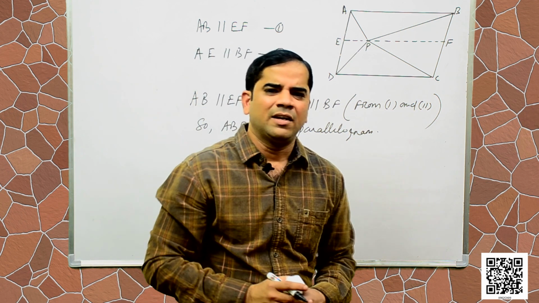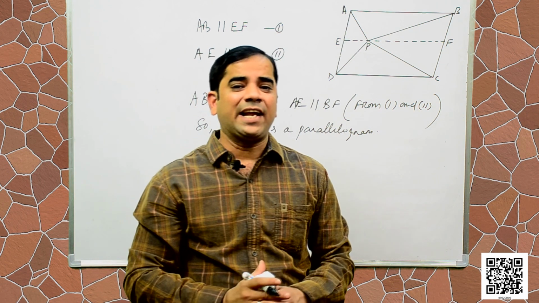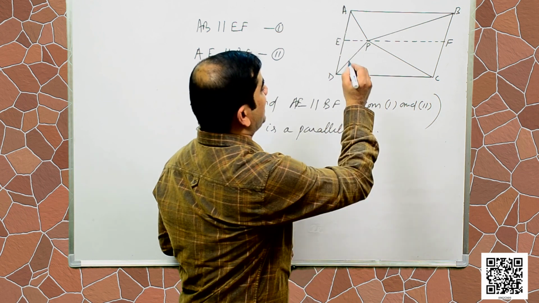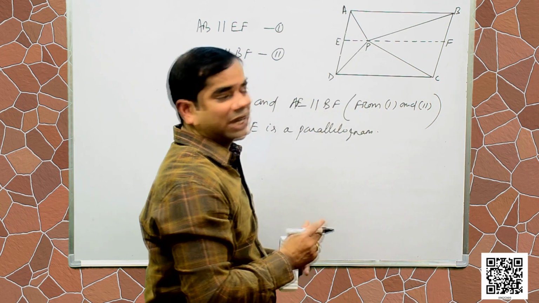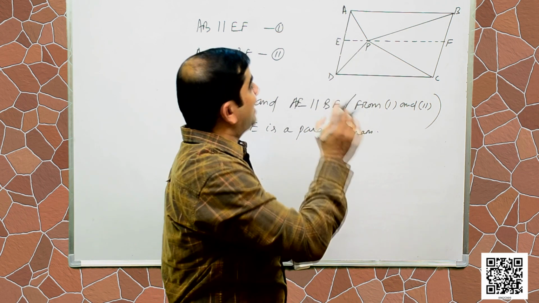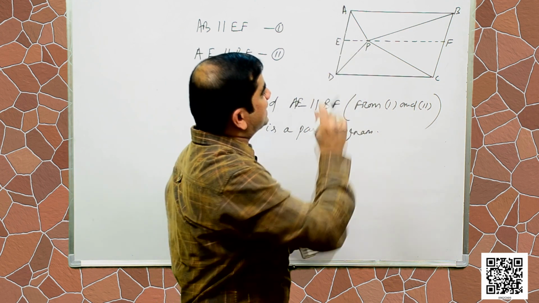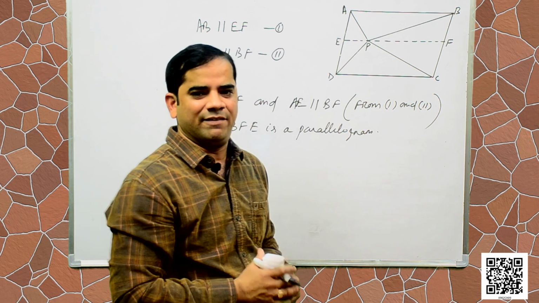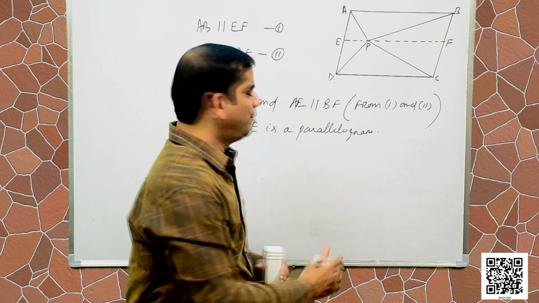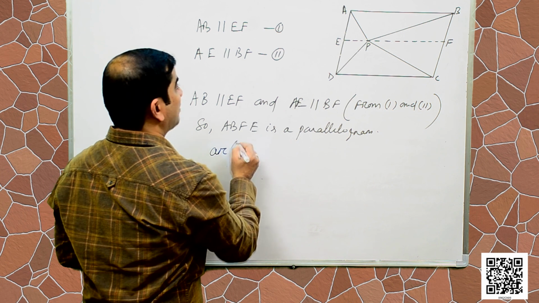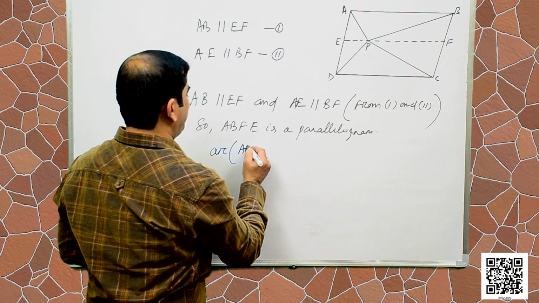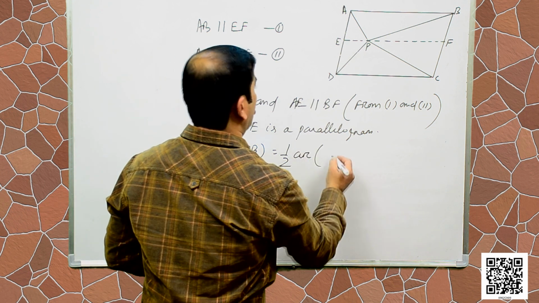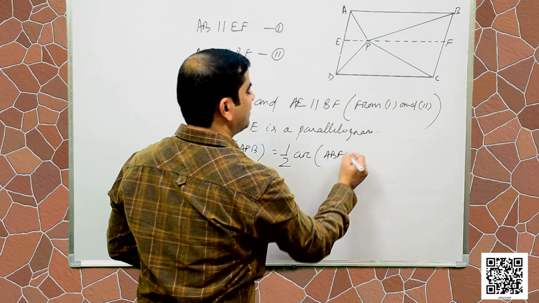Fine. So, it can be observed that triangle APB and parallelogram ABFE lie on the same base AB and between the same parallel lines AB and EF. Therefore, area of triangle APB is equal to half of area of parallelogram ABFE.